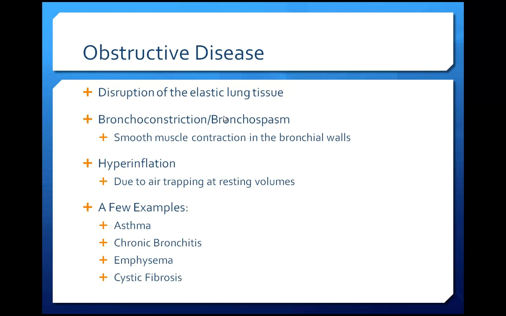So you have not only less surface area for the oxygen to get to the blood and the carbon dioxide to get out of the blood into the alveolar space, you also have less elasticity in the remaining alveoli, and there's not enough contraction to get the air out of the lungs.